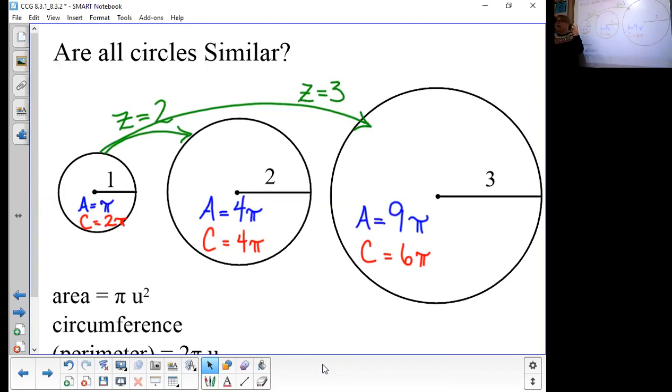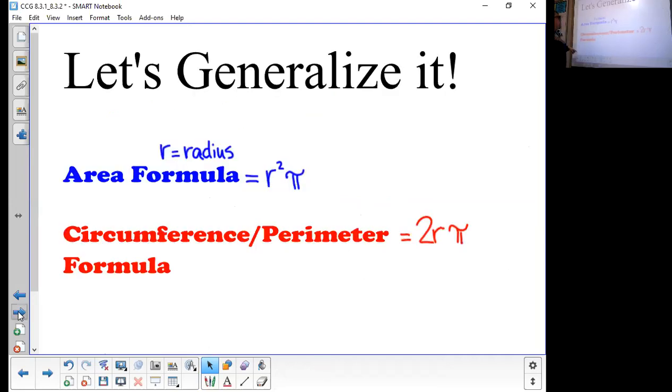And what would the circumference be if the radius was 4? 8 times pi. So we can generalize this for all circles. If r is my radius, the area of my circle is going to be r squared times pi, units squared. And the circumference of my circle is going to be 2 times r times pi.